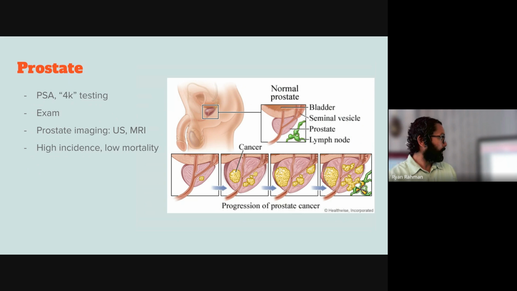Prostate here, so very common in men as you age, right? A saying is after 70, whatever decade you're in, that's what percent chance you might have prostate cancer. So 70%, 80%, 90% for those decades. So extremely common. Does not mean that you'll die from prostate cancer. So there's not a lot of really strong guideline-based screening here.